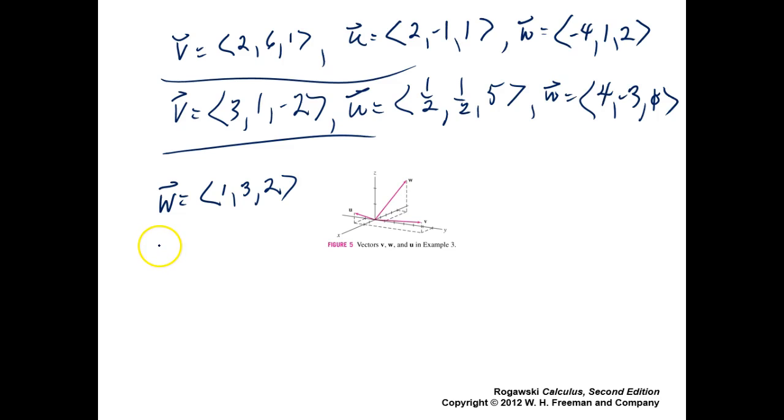V. Okay. There's tons of them. Pick one. 2, -2, 2. I think that's right.